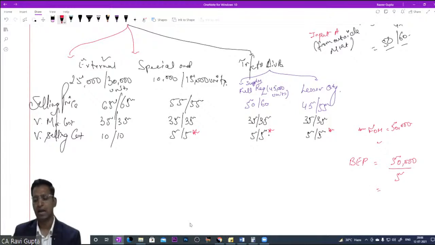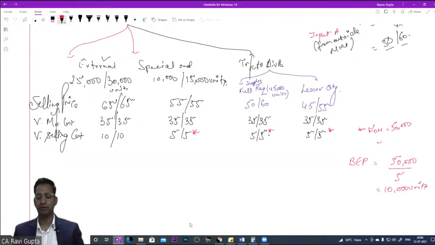That means at least 10,000 units should be either internally transferred or done as a special order. So in year 2, we should transfer at least 10,000 units, or 15,000 units as a special order.